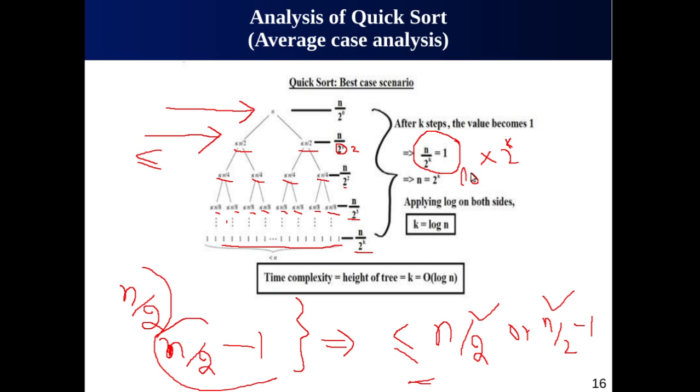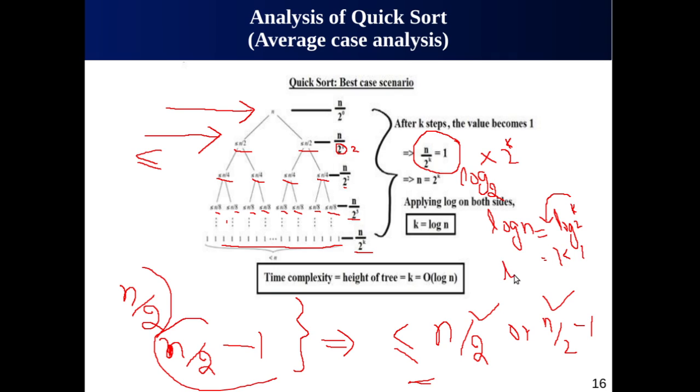And then here you have to apply the logarithm, and remember the log is base 2. Taking log to the base 2 on both sides, we will get: log of n is equal to log of 2 to the power k. We can write it as k, and log of 2 is equal to 1.